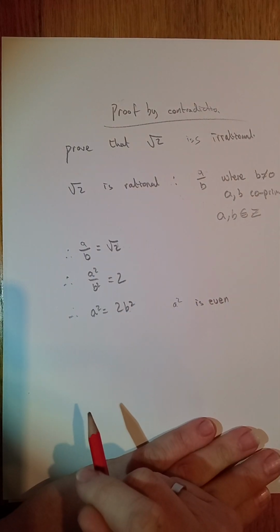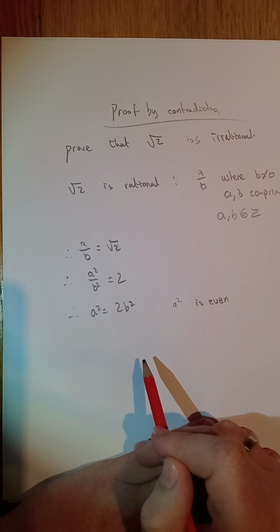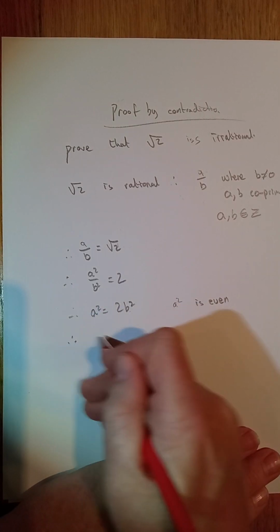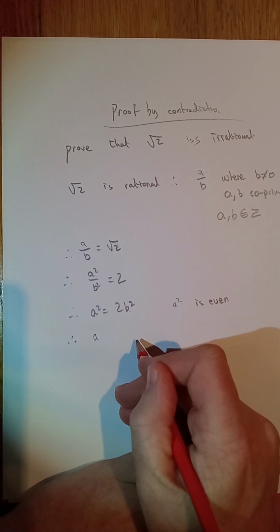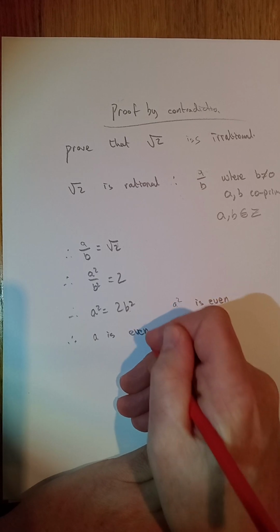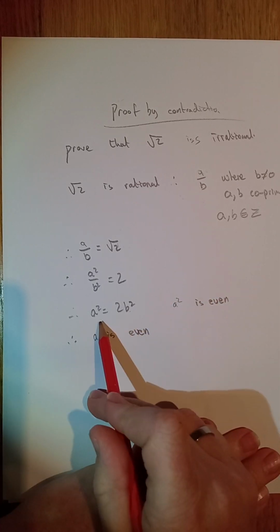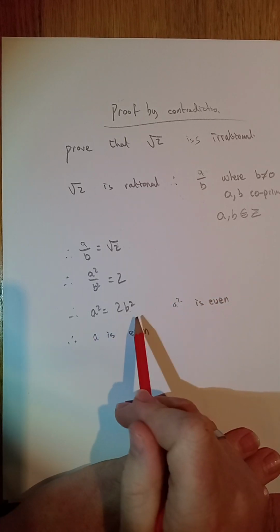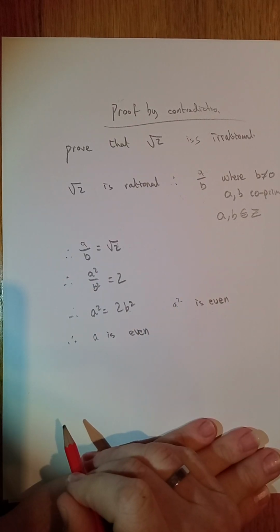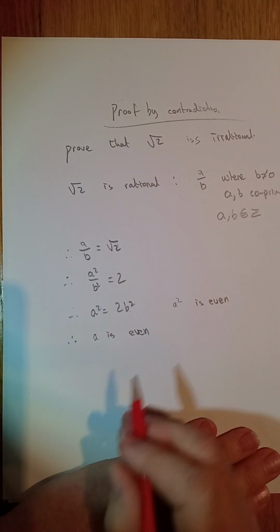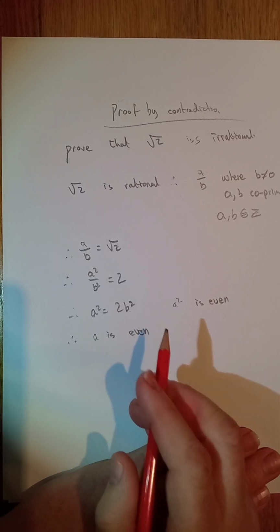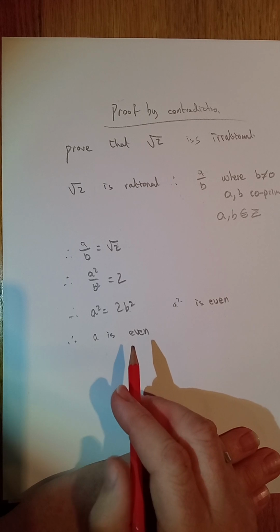Interesting. But think about this. If a squared is even, well then surely a must be even. Because any squared number that's even, 16, 100, 64, 144, they're all squared numbers and they're all even.